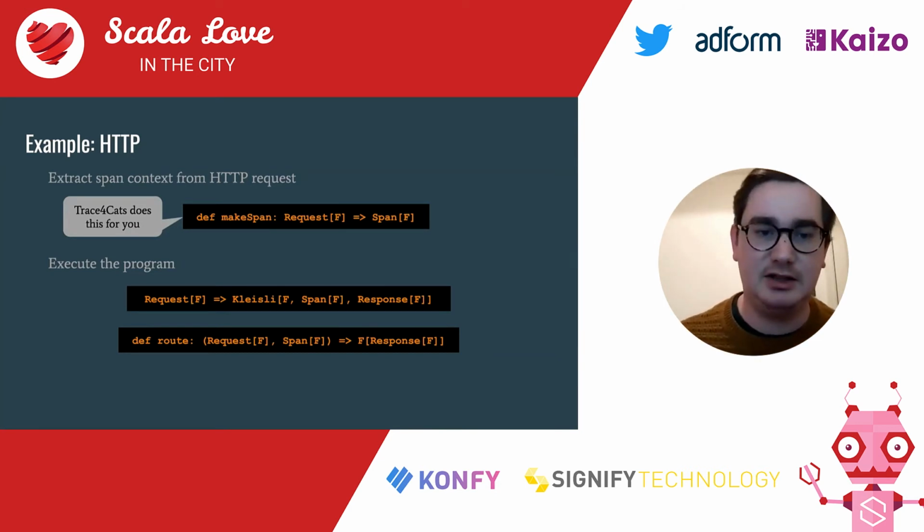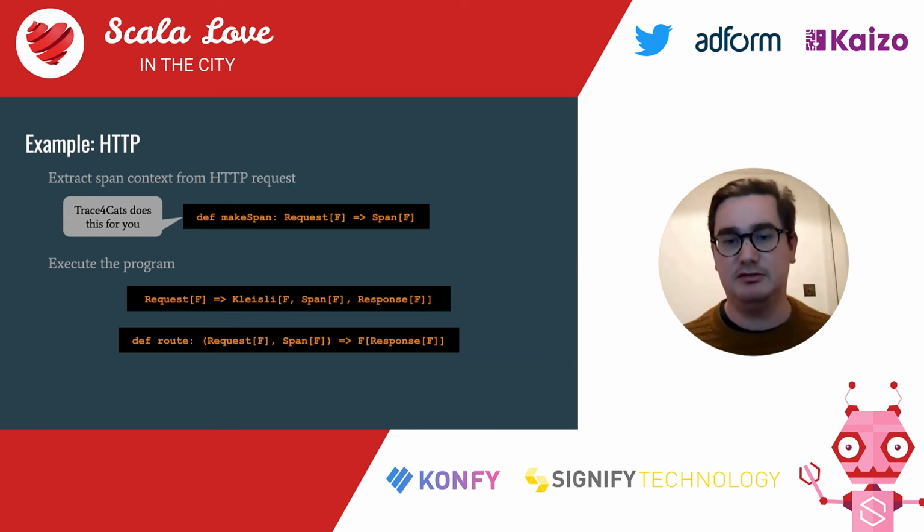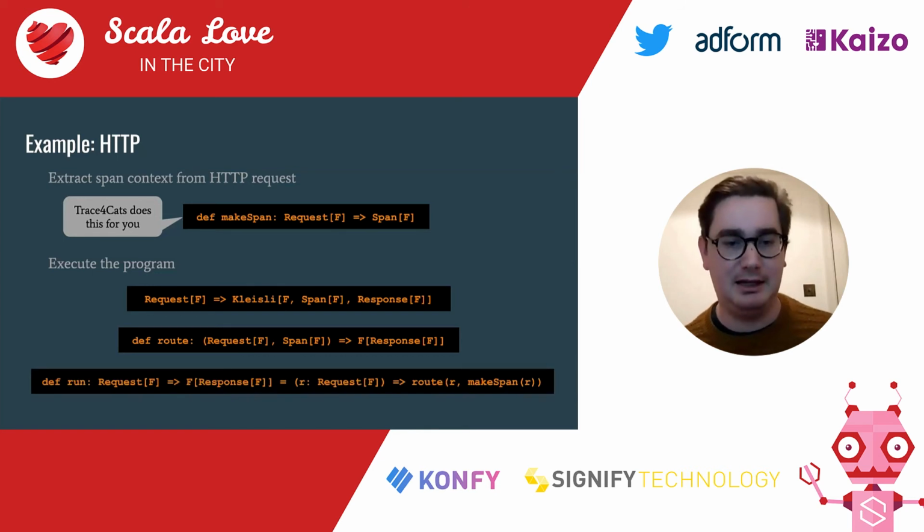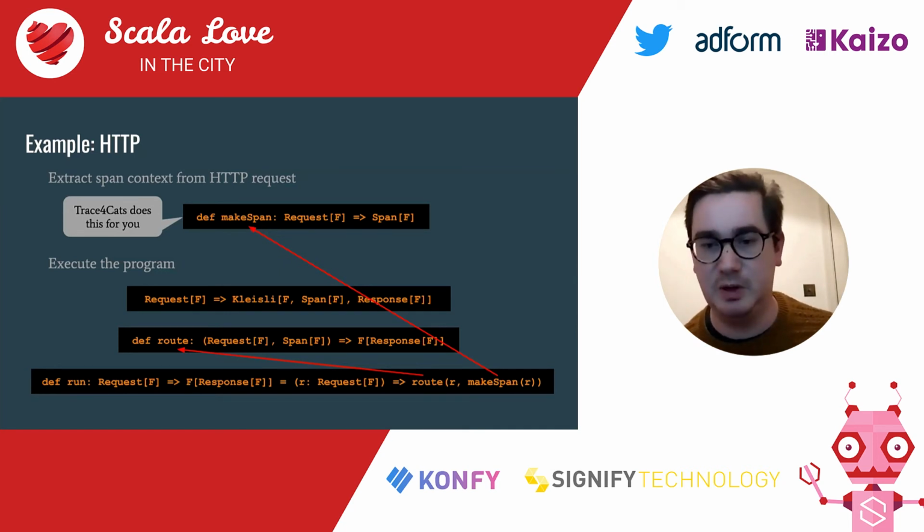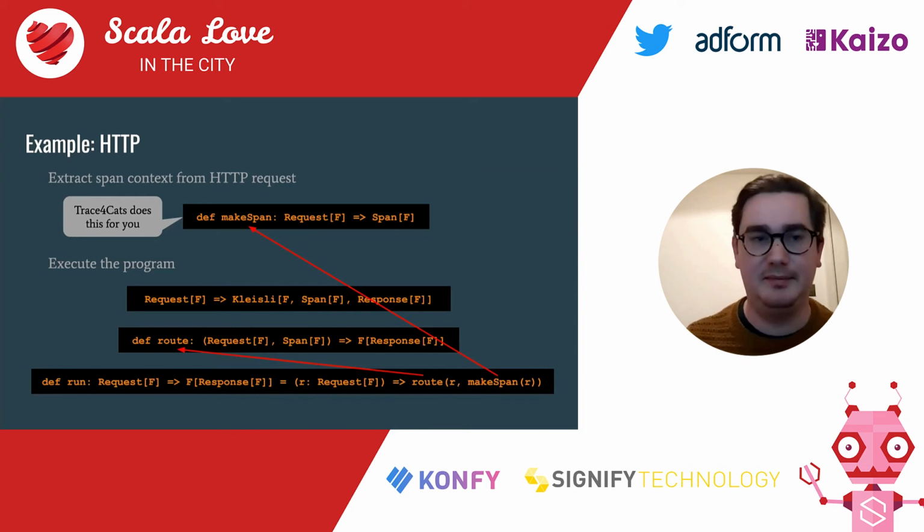So we can actually compose route and make span to give us a response, just a pure response. And here we go. So we've got route and make span here. And what this gives us is a function that goes from request to response and fully executes.